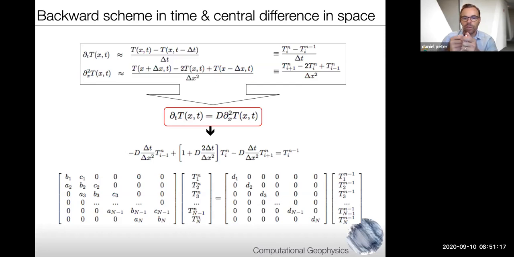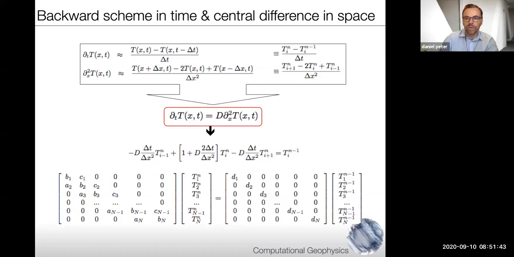So now you're not explicit anymore, because you need to know at the same time your neighboring field as well. So this is called an implicit scheme now. But this can be solved as well. You put it into a matrix form, and you can solve it by inverting the matrix for the temperature field.